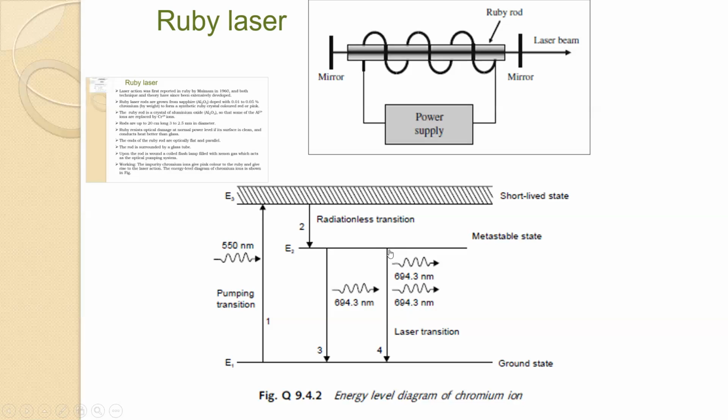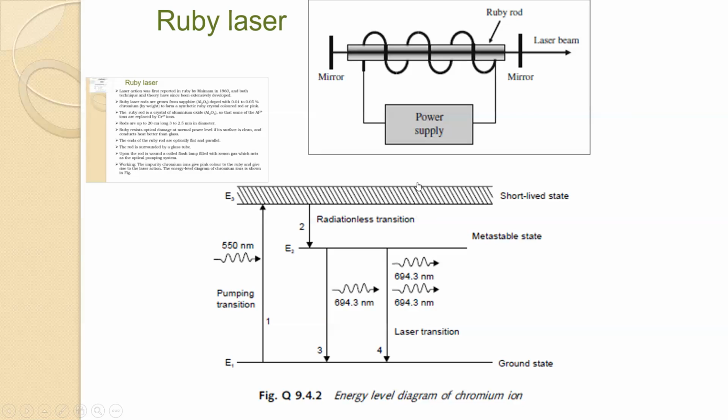The atom in the excited state absorbs this photon and de-excites through stimulated emission by releasing two photons with the same wavelength, 694.3 nanometer.